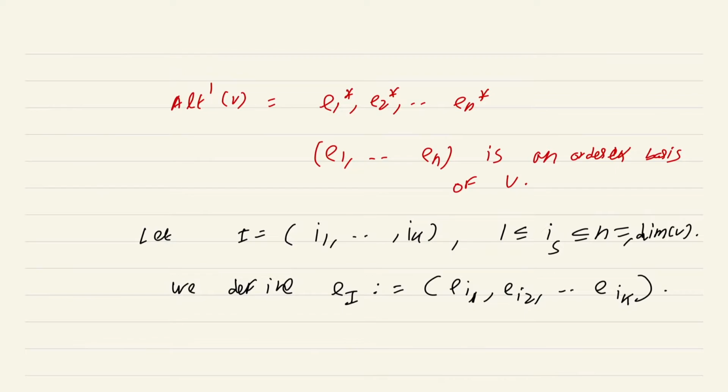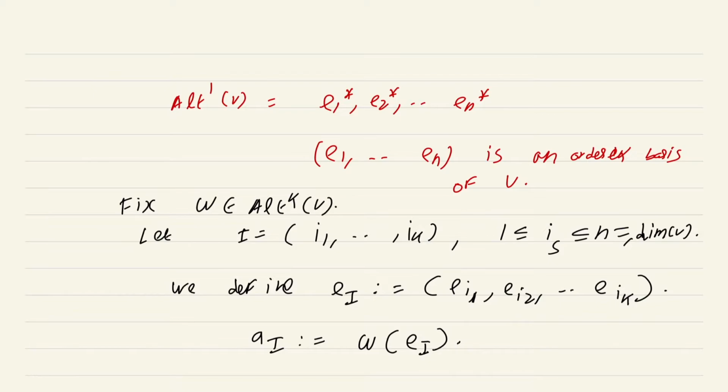Okay, and here is the key definition. We also define a_I to be just omega evaluated on this k-tuple. After all, what is omega? So let me say fix omega in Alt^k V. What is omega after all? It eats up a k-tuple of vectors and spits out a number.